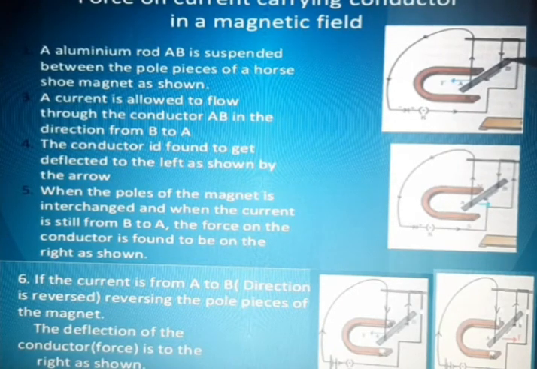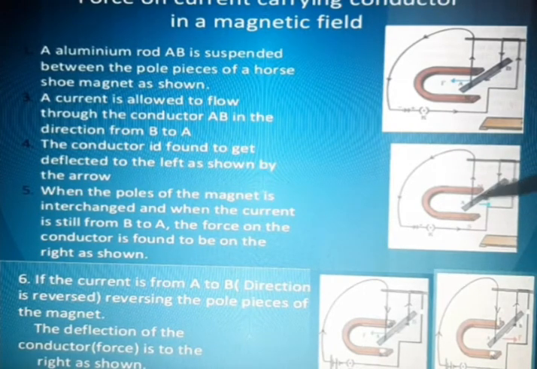Since electricity is passing through it, there has to be a magnetic field around it. Now, if we place a horseshoe magnet around it as shown in the figure, the two magnetic fields will interact with each other and we will see a deflection in this current carrying conductor.